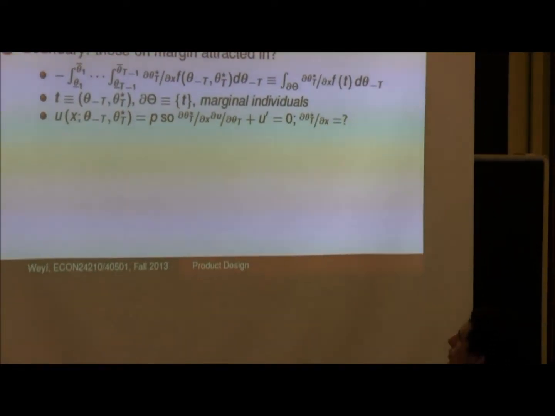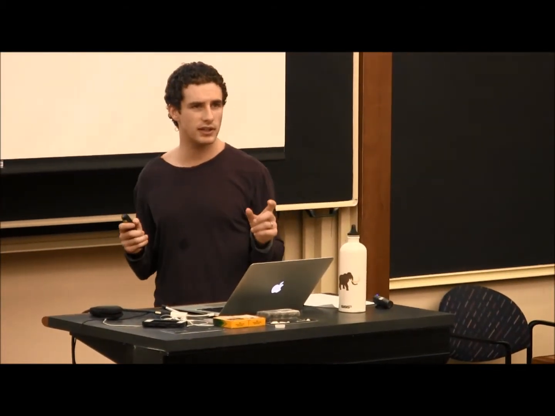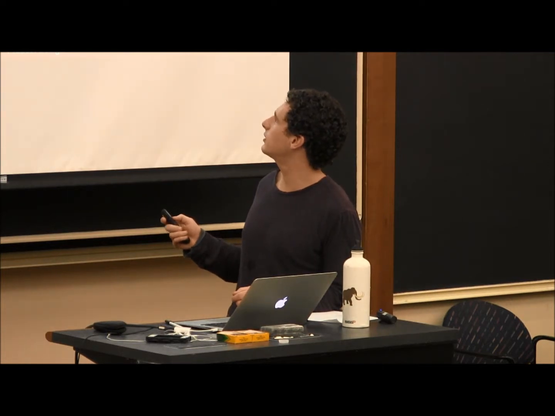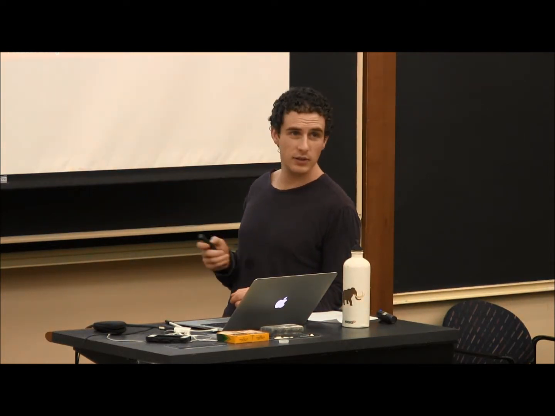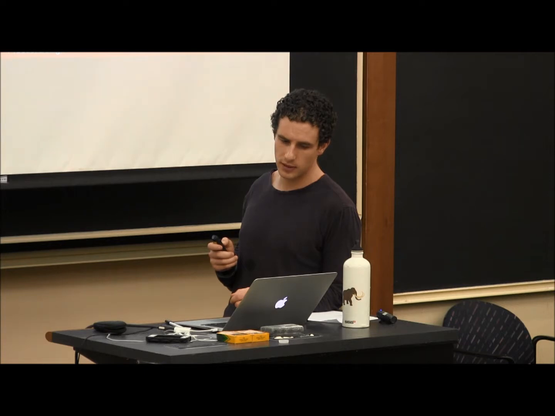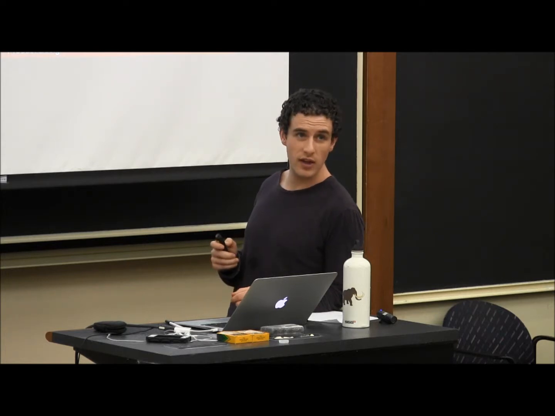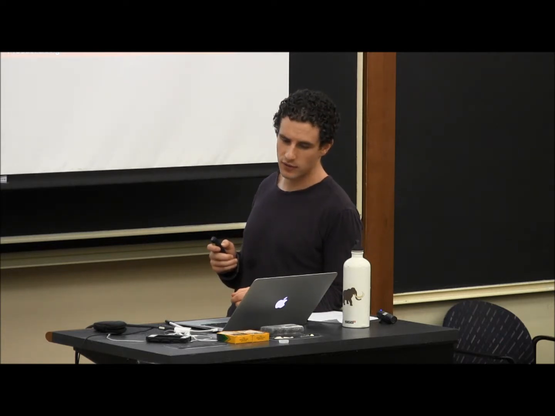Okay. So we know that along that boundary, utility is held fixed. Everyone along that boundary has the same utility, which is exactly equal to price. So we can derive from that how the threshold type changes as x changes.